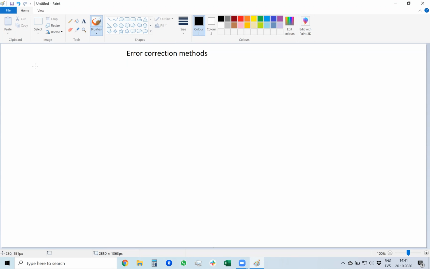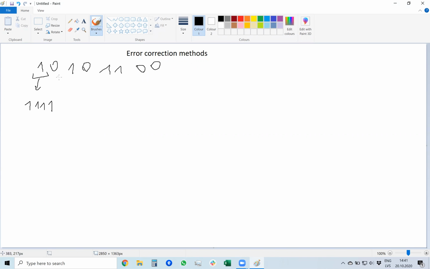Let's say you want to send the message 10101100. The idea is that instead of sending just one bit, you will expand it to several bits. So instead of sending 1, you will, for example, send 1111.